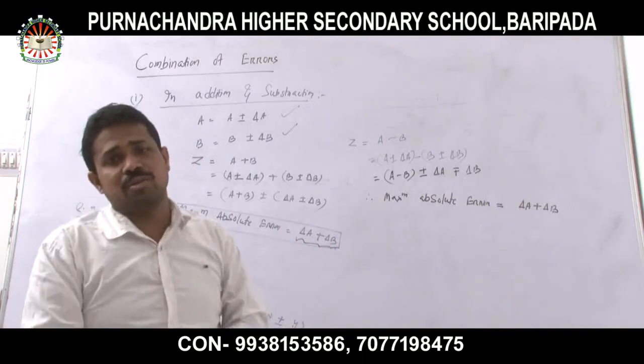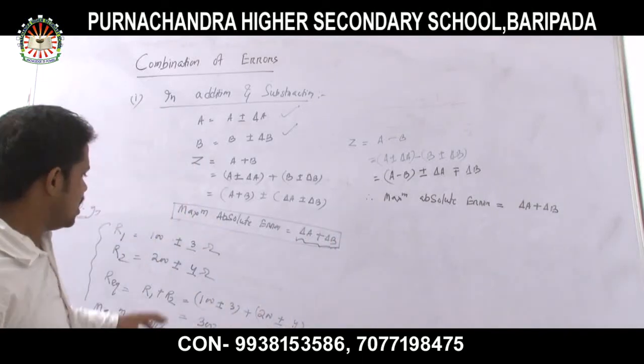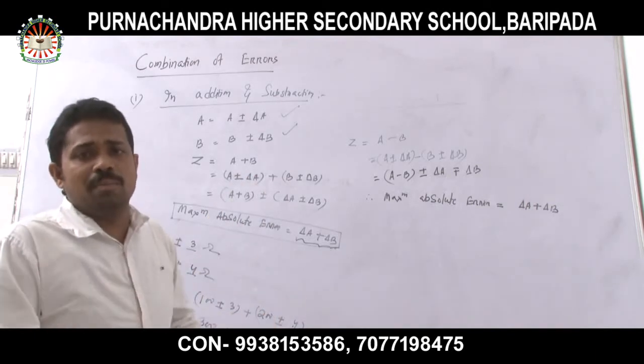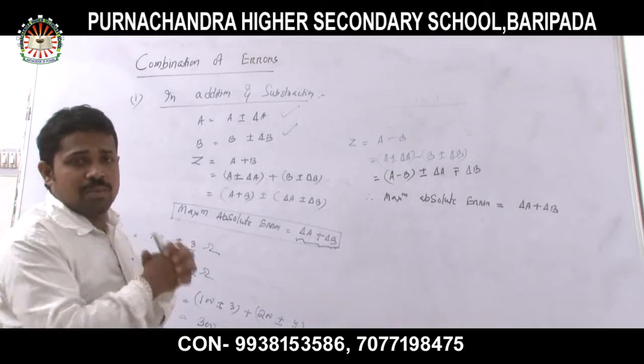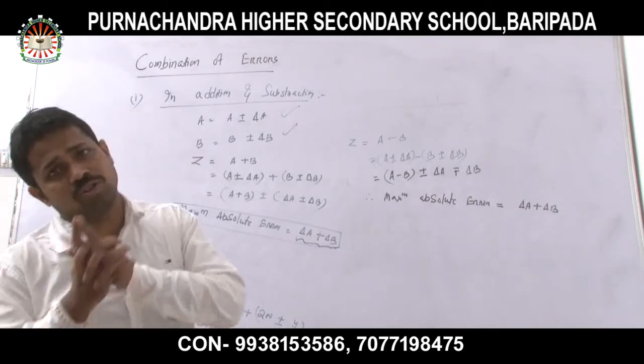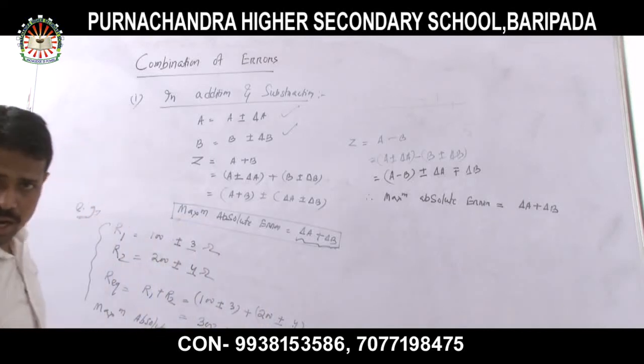This is very important. That means the two absolute errors are added in both addition and subtraction. Clear all of you?